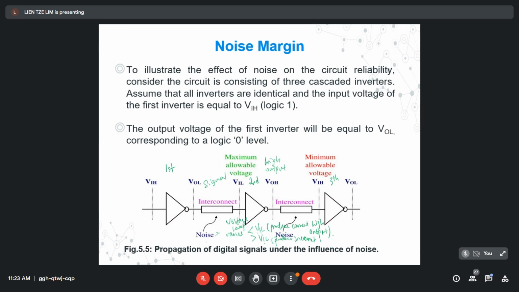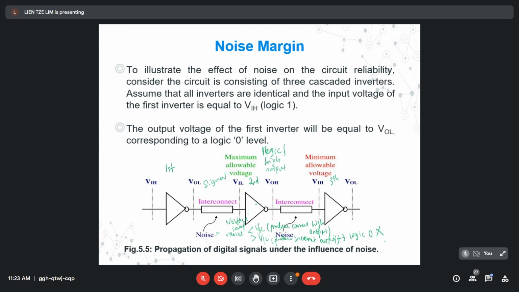Why is that? Because the output will become logic 0. This is not what we want because the output is supposed to be a logic 1. So that's why VIL is the maximum voltage allowed at the input of the inverter.